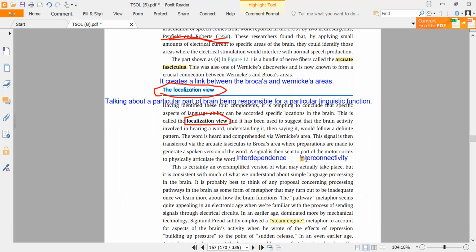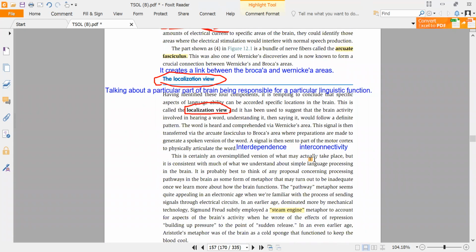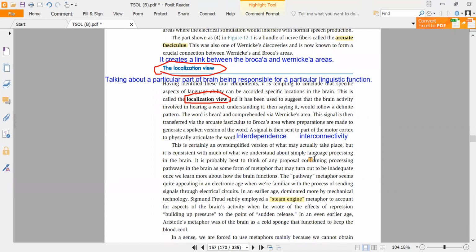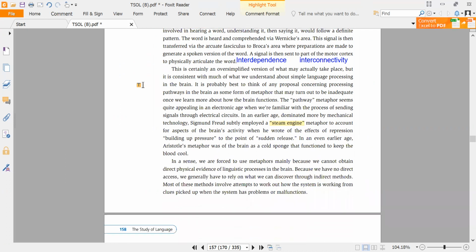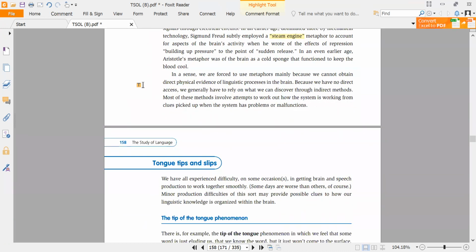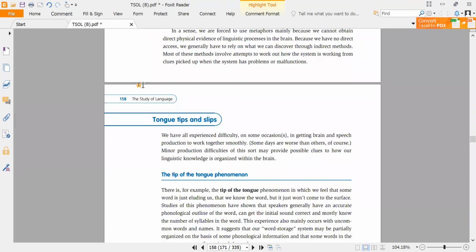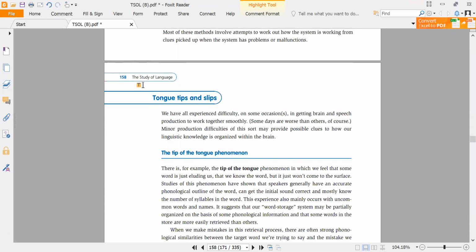One of the reasons is the interconnectivity, interdependence of all the parts of the brain on one another, right? Another is that the entire nervous system plays its role altogether, and the supply of the blood, right? So all these are the different reasons due to which we cannot isolate a specific part of the brain for a particular linguistic function. So the localization view is a limited view. It is not a reliable view.